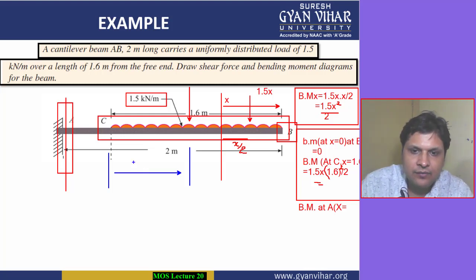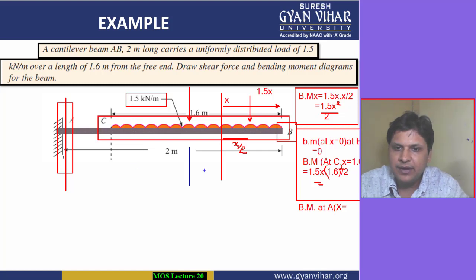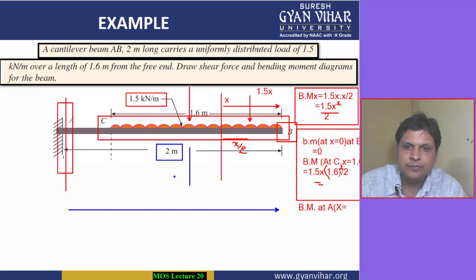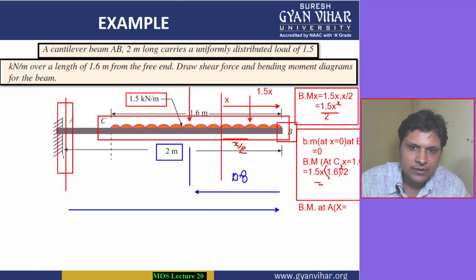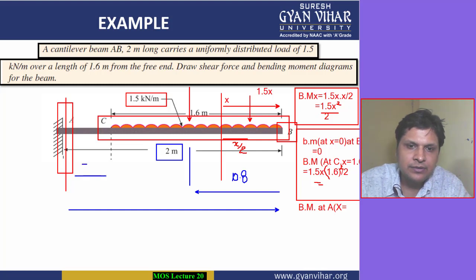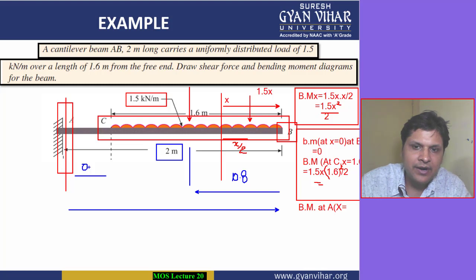So for this reason, the other step is that the whole length from here to here is given as 2 meter, and from here to here the length is half of 1.6, that is 0.8.